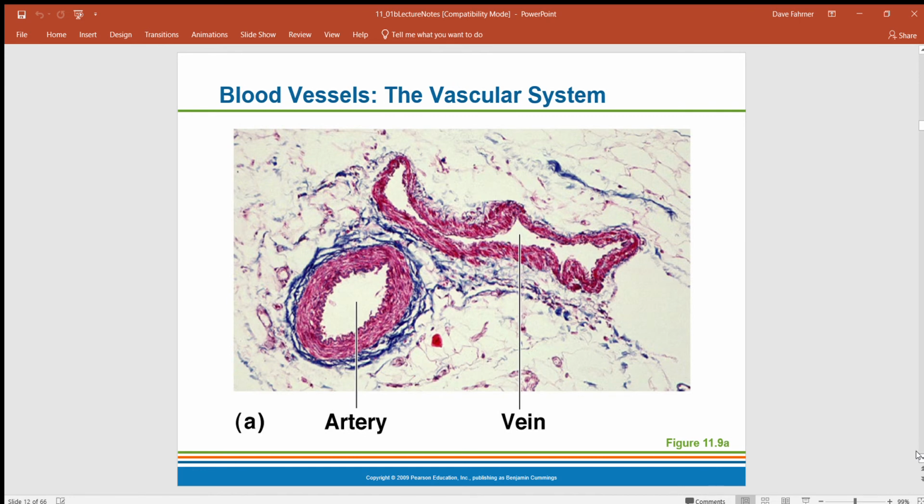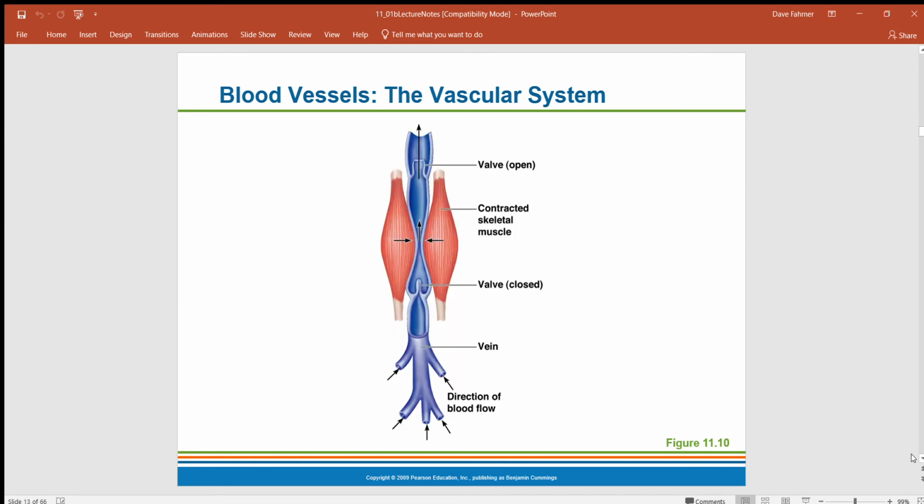Once again, you can see the difference, the thick wall of the artery here and the very thin wall of the vein, the smaller space of the artery and the larger space of the vein. This diagram shows you the milking action that occurs whenever muscles are being used.